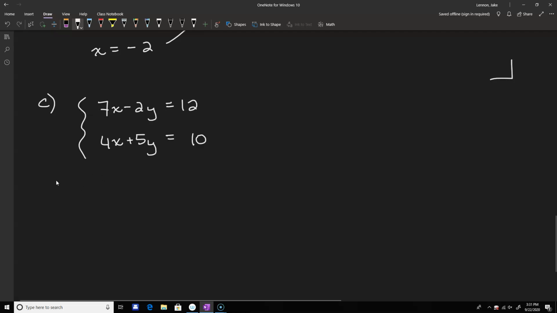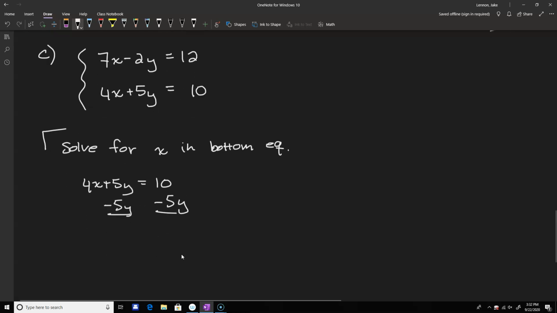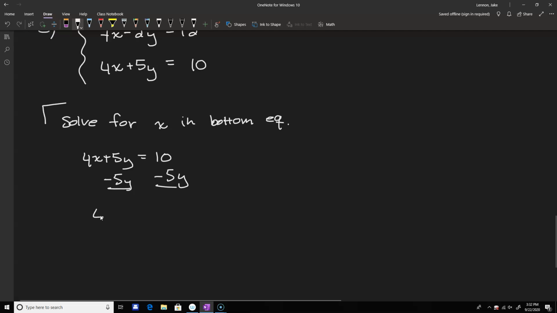But what I'm going to do is solve for x in the bottom equation. I'm first going to subtract 5y from both sides to get the 4x on its own side. So I'm left with 4x is equal to minus 5y plus 10.